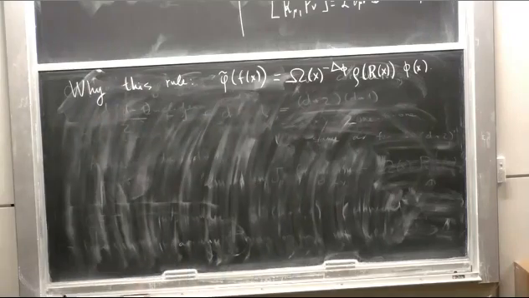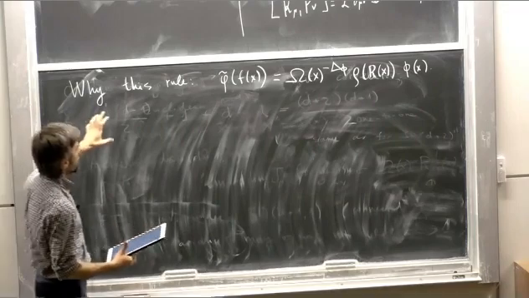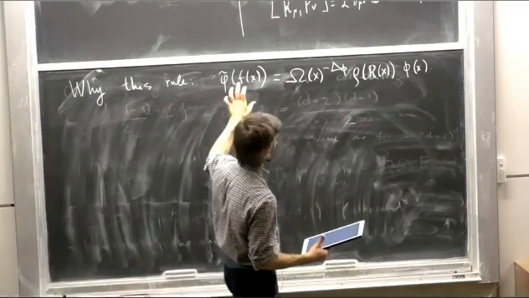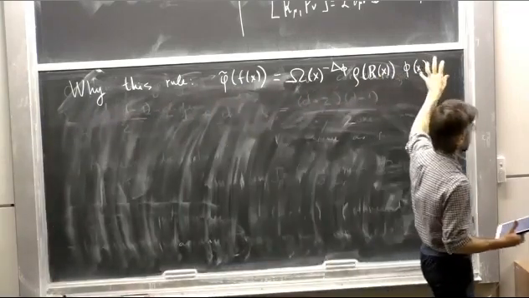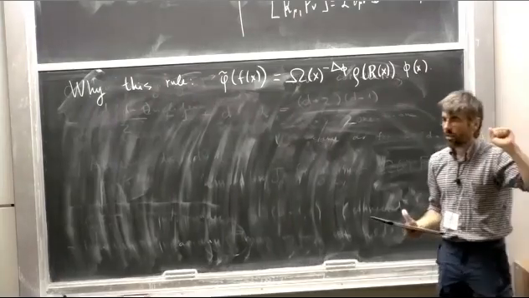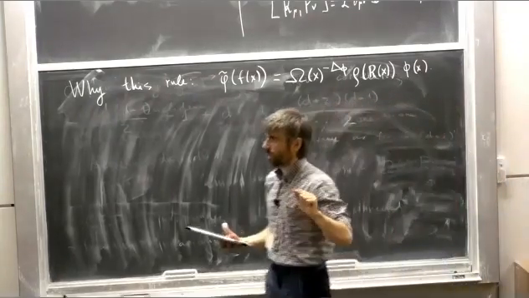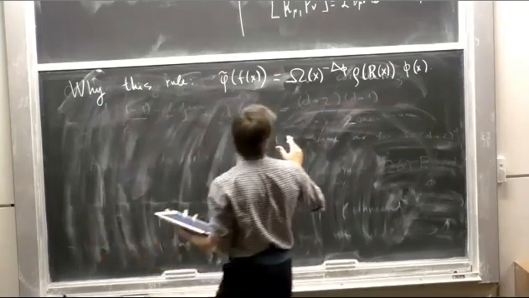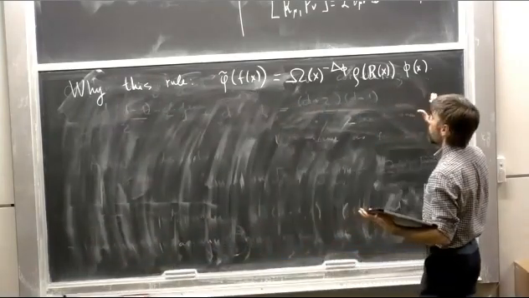So I would like to separate the discussion into two parts. So first of all, let me forget that phi of x is a field of a conformal field theory, but let me just consider this transformation as a transformation acting on functions.